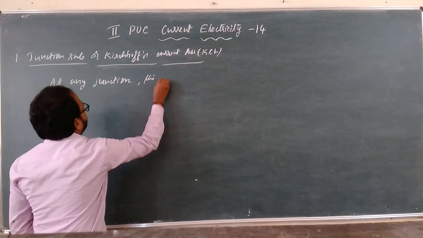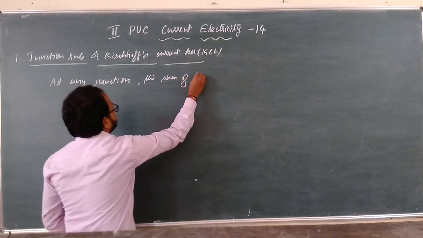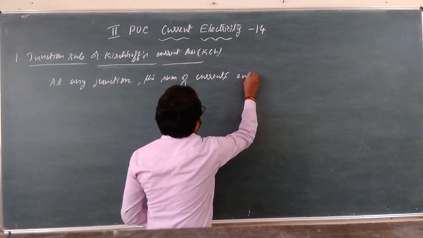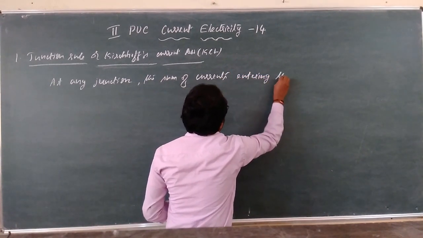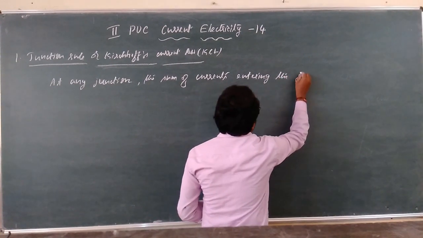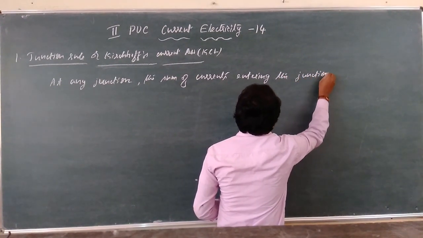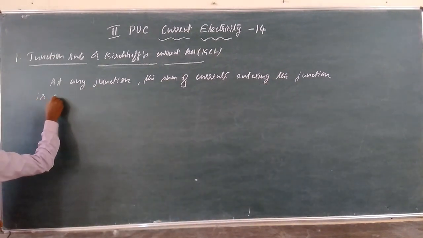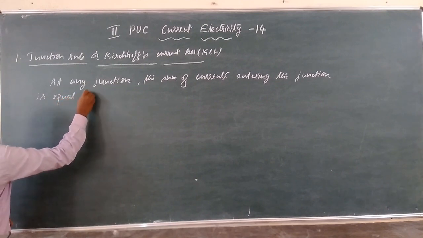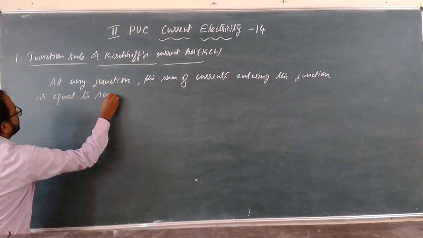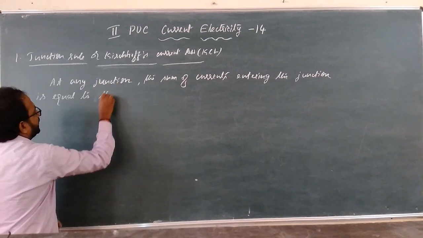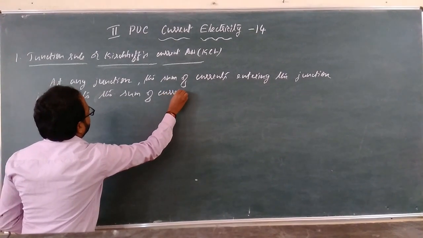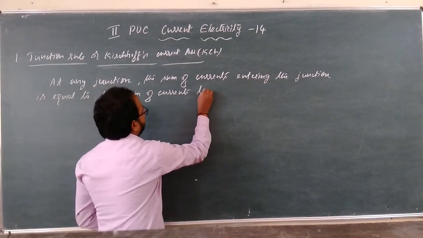Okay, so algebraic sum of currents at the junction is 0, or at any junction the sum of currents entering the junction is equal to the sum of currents which are leaving the junction.